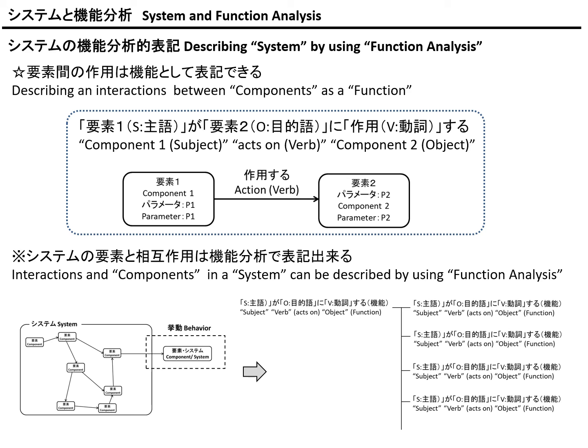Then the interaction between components could be described as a function. So the action of interaction, which is an action between two components, could be described as subject, verb, object, with component 1 acting on component 2. So this is obviously equivalent to a function.